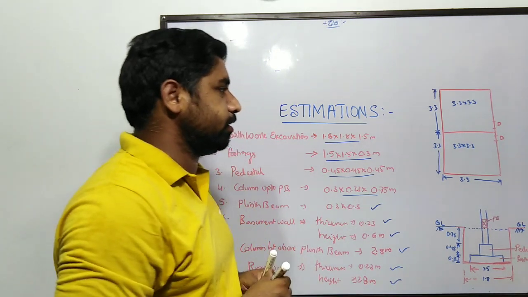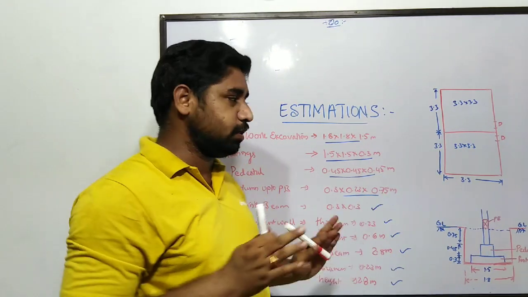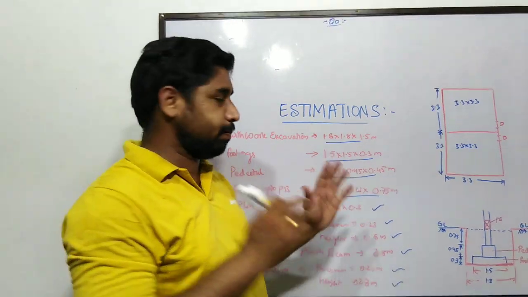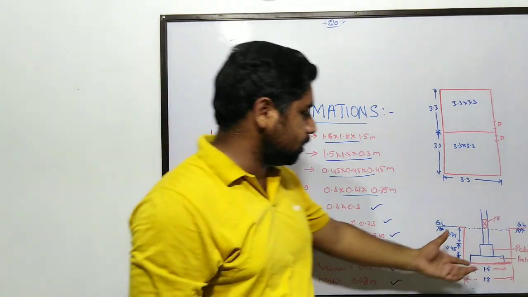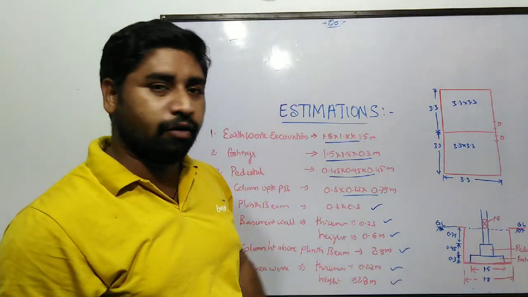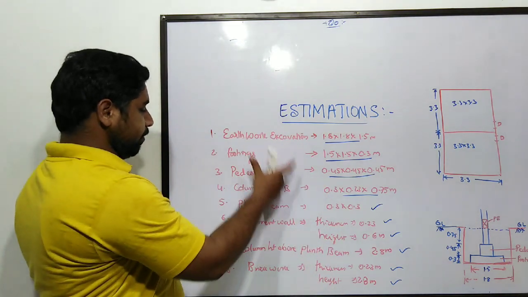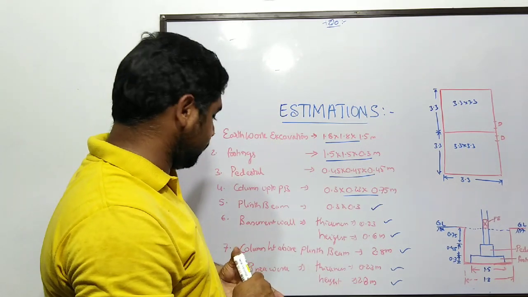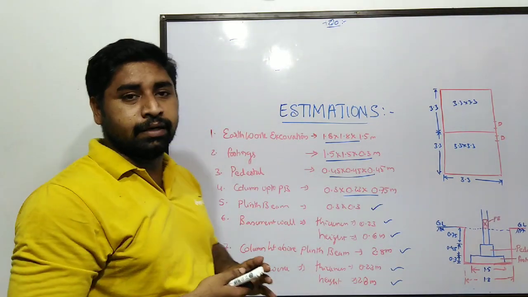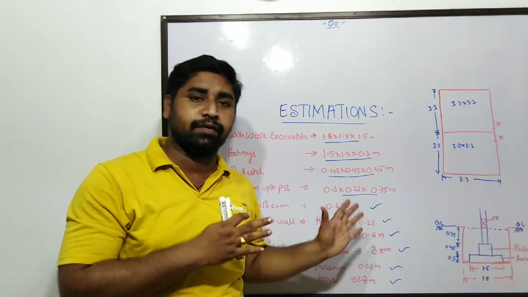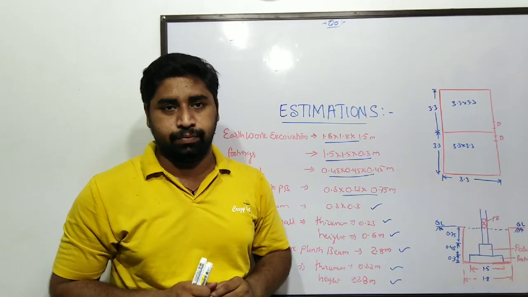So this way we are going to take 2 simple rooms and prepare an estimate for them. This is the section diagram for the foundation, and from that we have taken this information. Similarly, some necessary information I have taken here. Based on that we are going to prepare the estimate now.